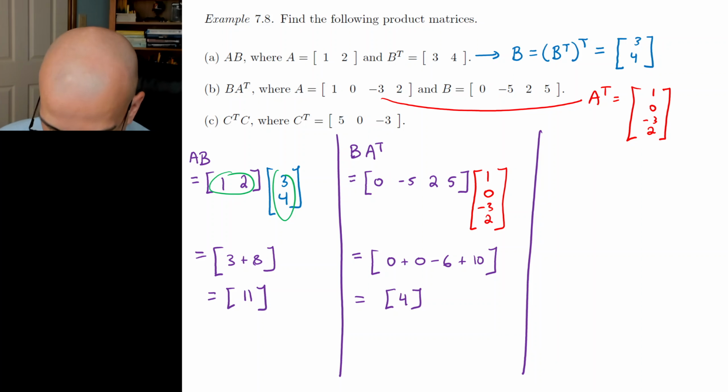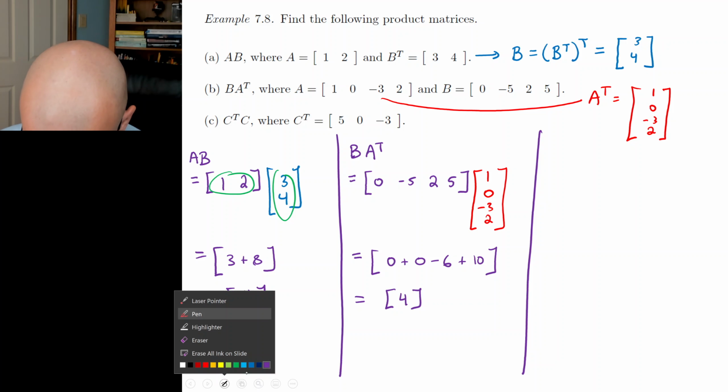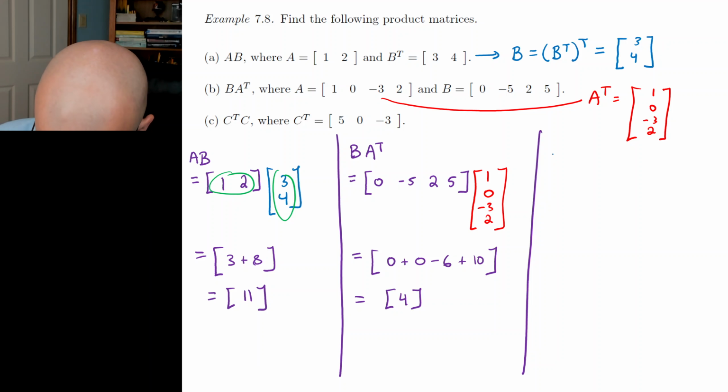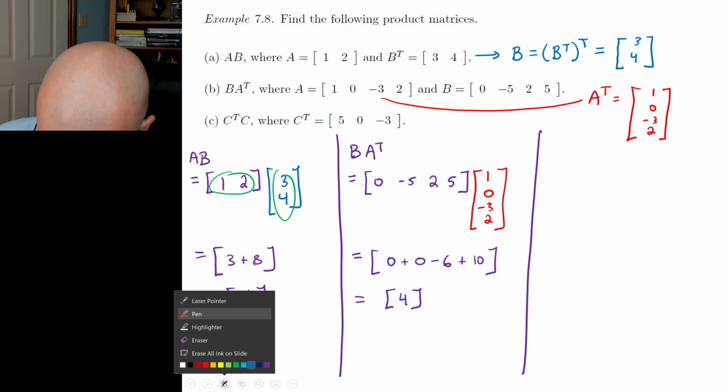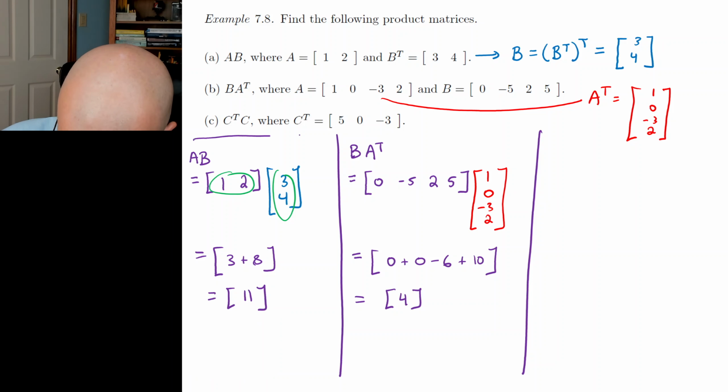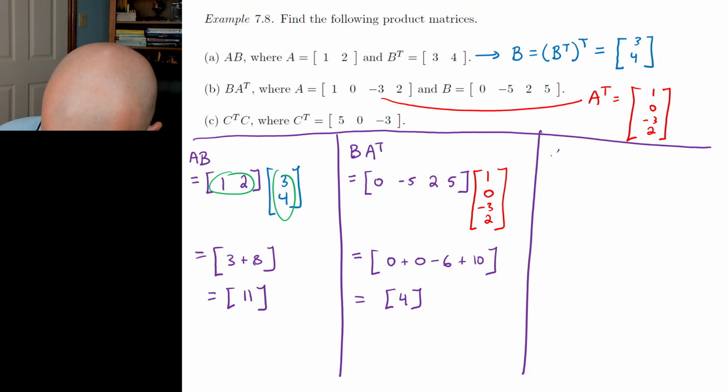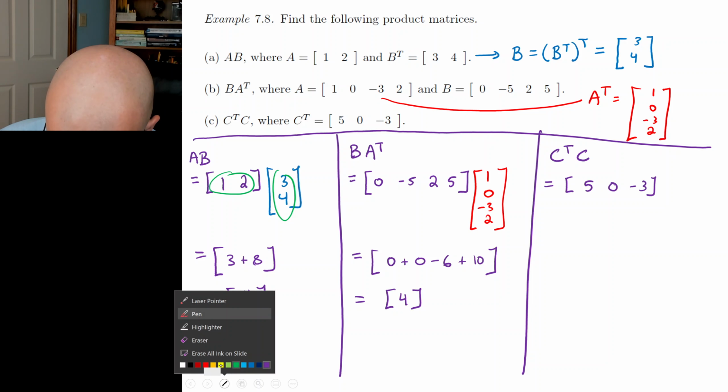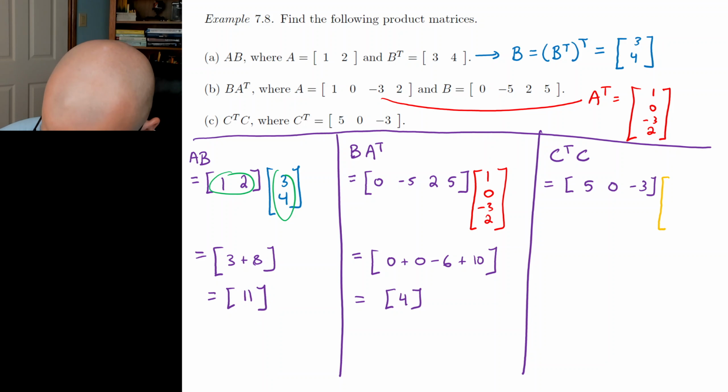And the last one, C transpose times C. So C transposed is what's already given, 5, 0, -3. And then C is what we get if we flip it, turn the row into a column, 5, 0, -3.